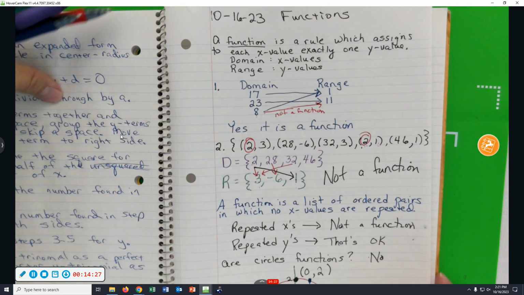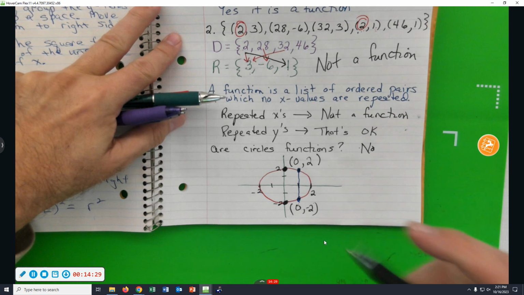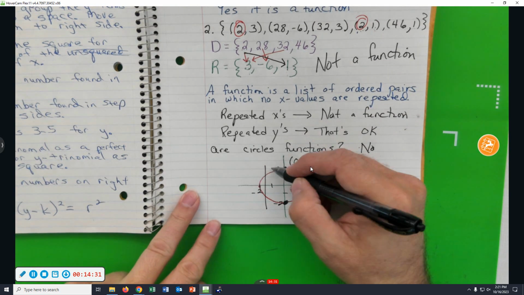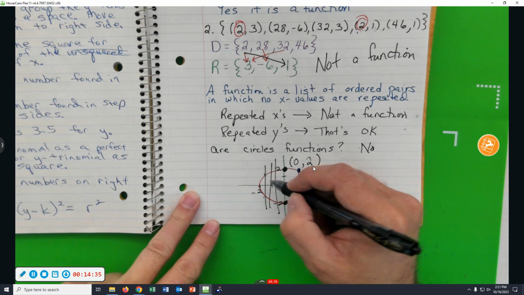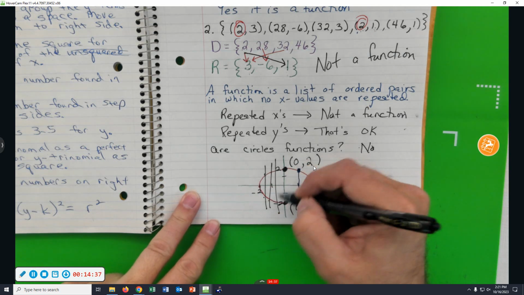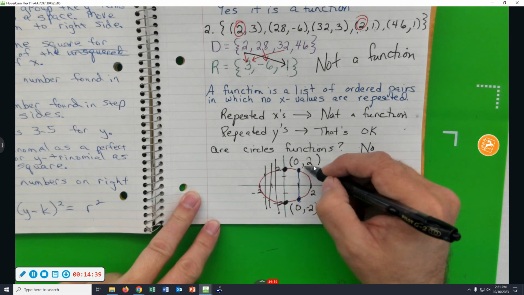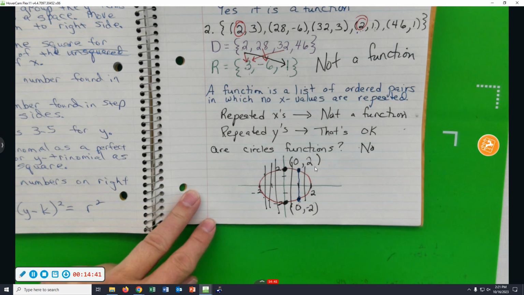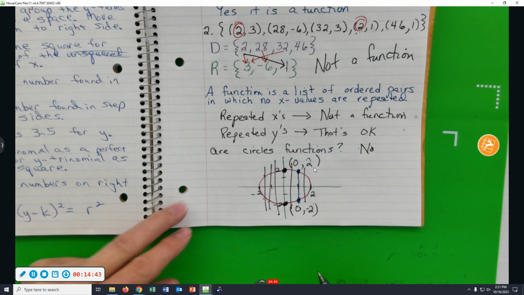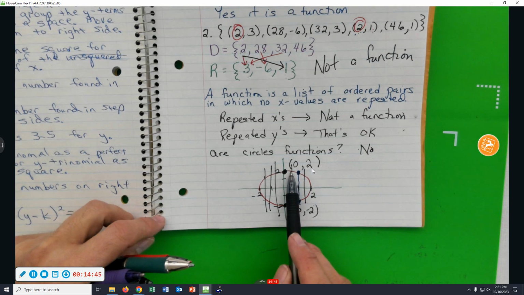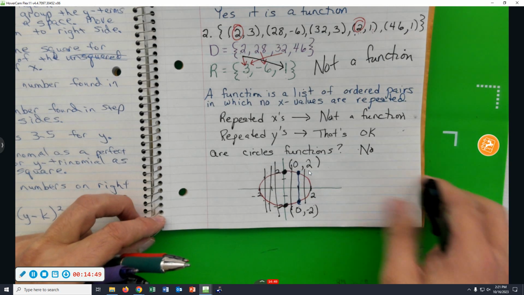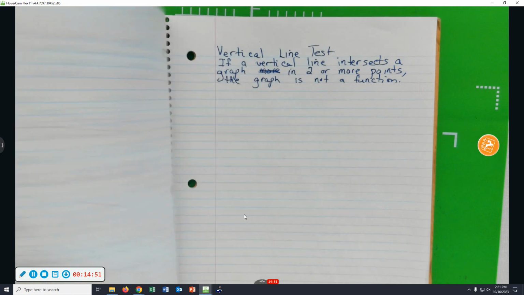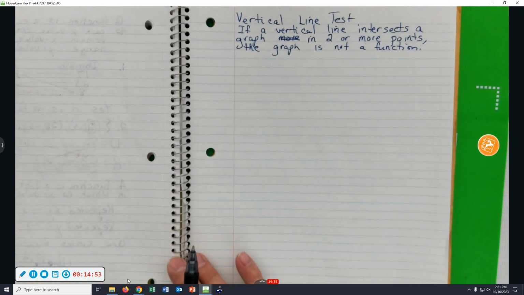I'll draw my little circle. If I started drawing vertical lines, notice how it's intersecting in 2 points. If it intersects in more than 1 point, then it's not a function, because here's 2 points with the same x coordinate. Okay? So what about that problem number 3 that you showed a moment ago?